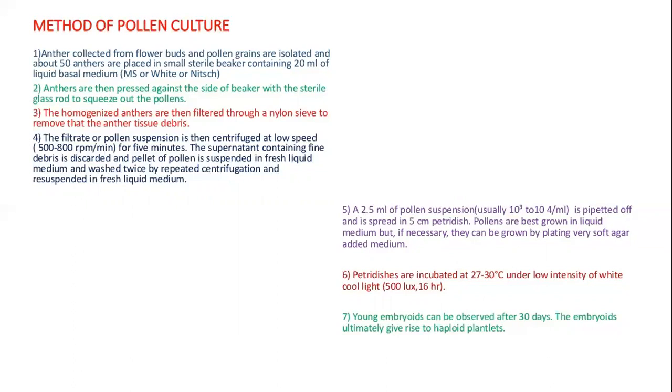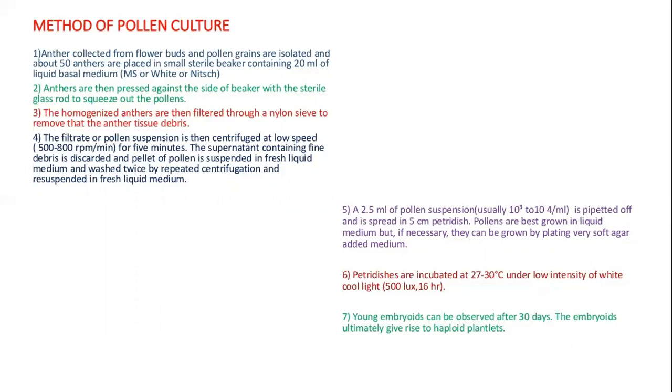These pollen are best grown in liquid media because the osmoticum present in the liquid media can help the pollen to grow faster. We can also grow them in solid agar media, depending on the nature of the pollen. The petri dishes are incubated at 27 to 30 degrees centigrade under low intensity white light.